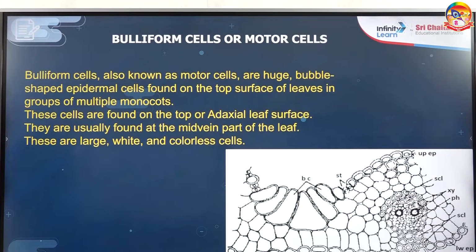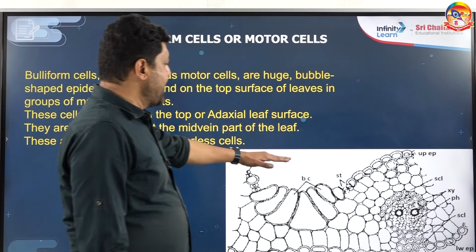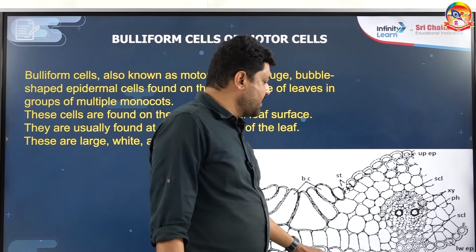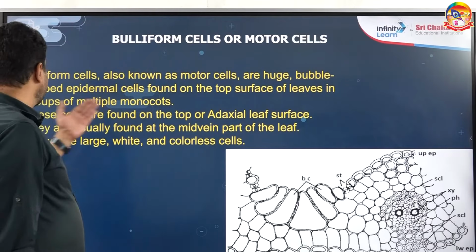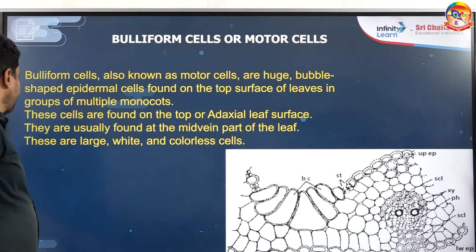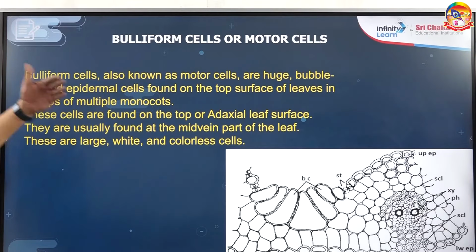Dear students, do remember one thing. The adaxial surface of the leaf is also called the ventral surface. The abaxial surface is called the dorsal surface. So these cells are found on the top, the adaxial surface, of many monocot leaves.